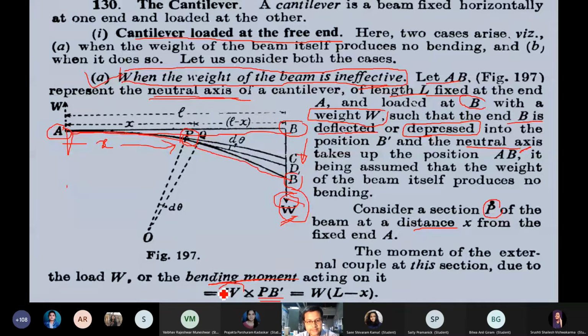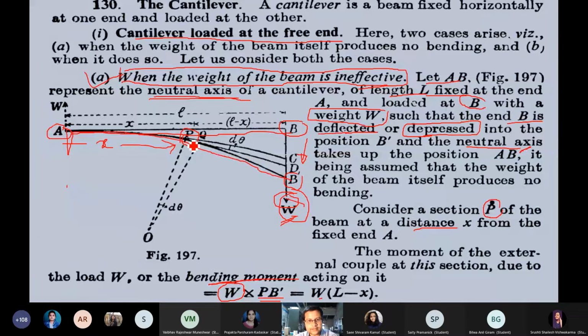This couple is nothing but a torque, that is, the force, whatever the weight is, which is mass into gravity, W, with this arm PB prime. What is the magnitude of PB prime?